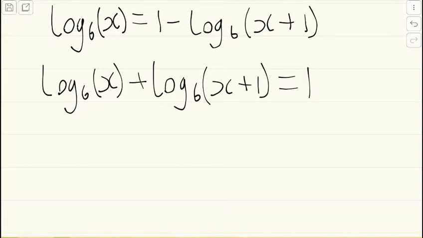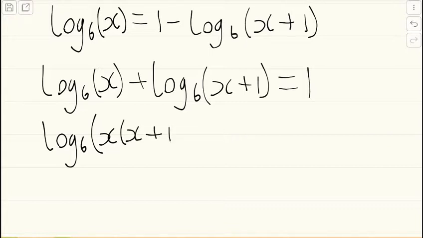Then from this stage, I'm going to use my log laws to combine these two things. So I get log to the base 6 of, I multiply x with x plus 1, so I'm just going to write that with a bracket like this, x multiplied by x plus 1, and that equals 1.